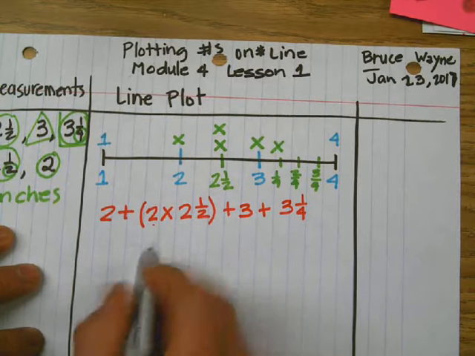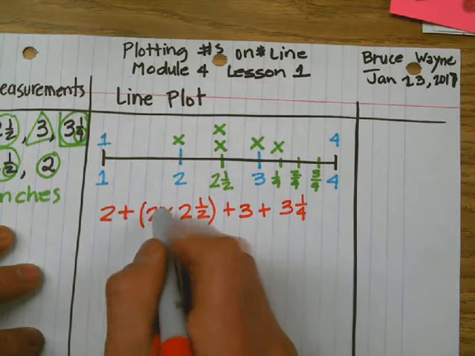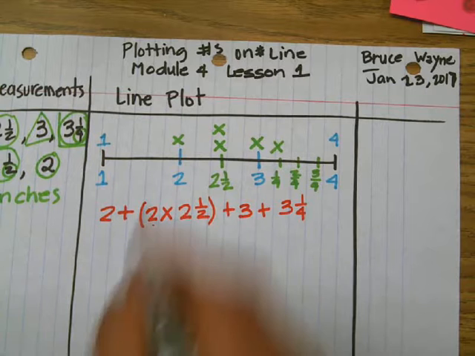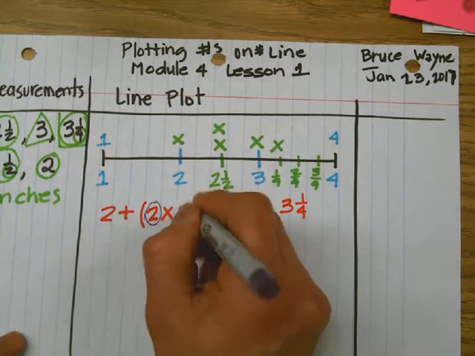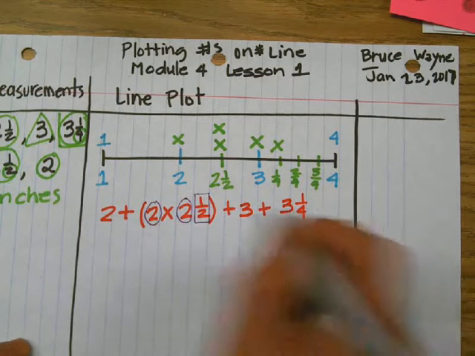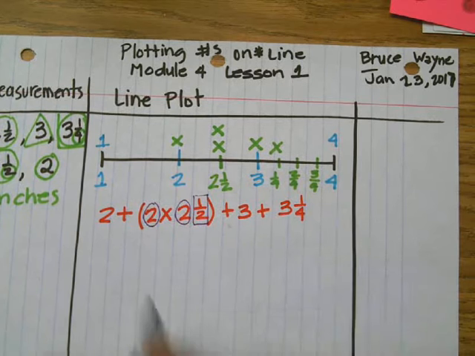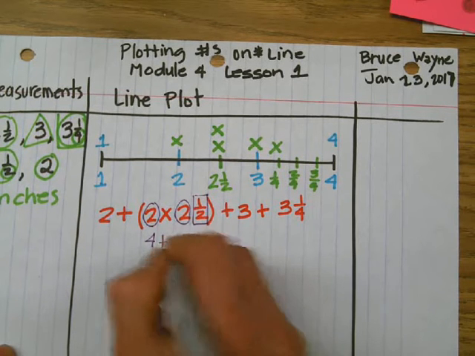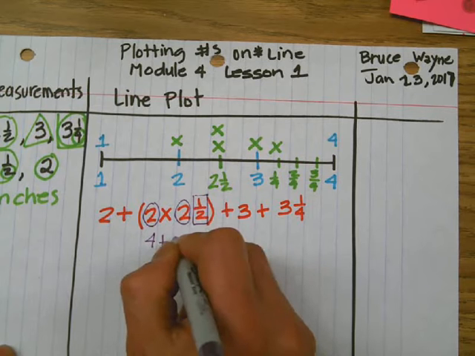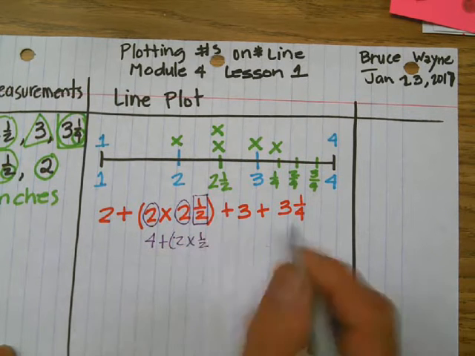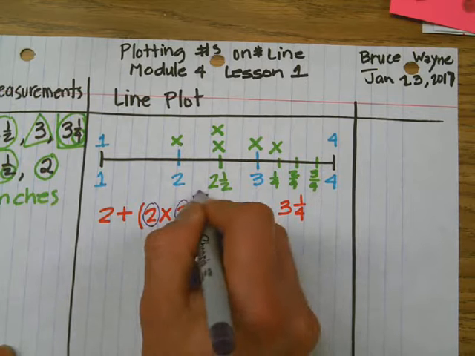So we're going to say we can multiply things that are the same. In this case, the 2 and the 2 are a circle, and this is a square. Anything that is a rectangle. So we multiply 2 times 2 equals 4, plus we're going to multiply 2 times 1 1/2, which is this number and this number.